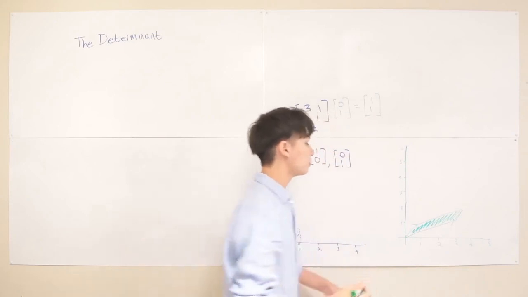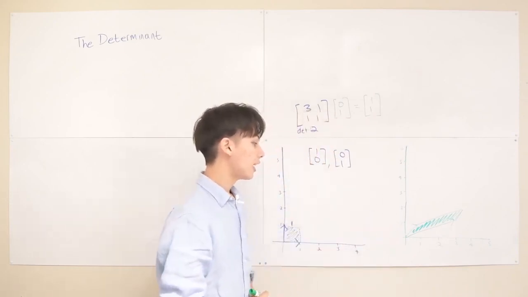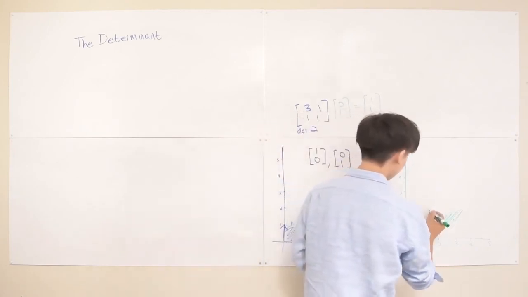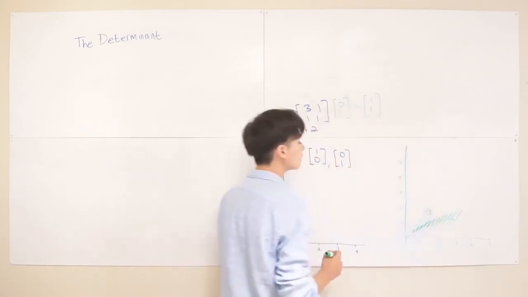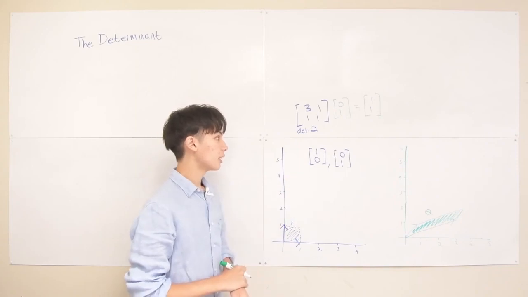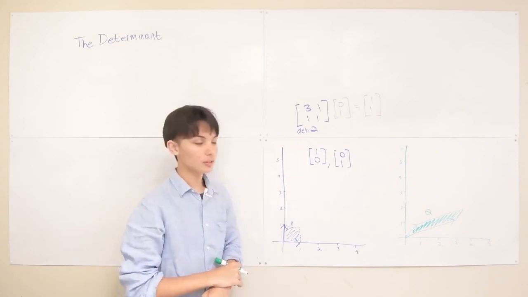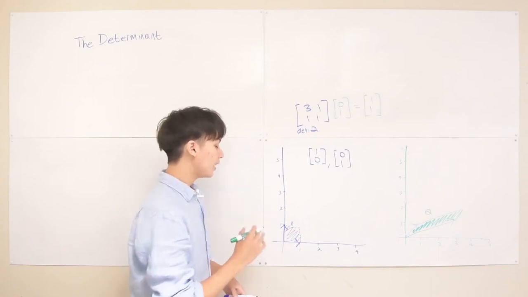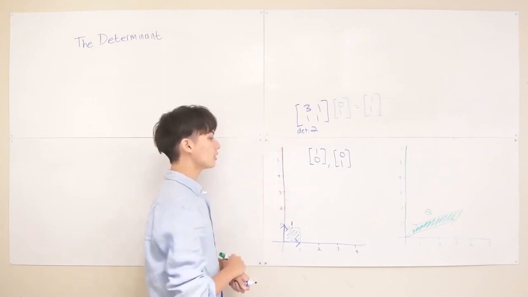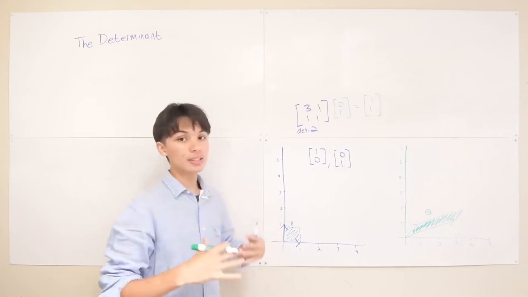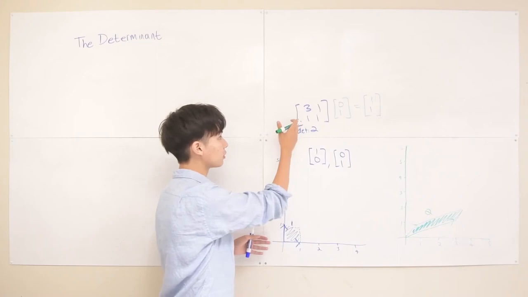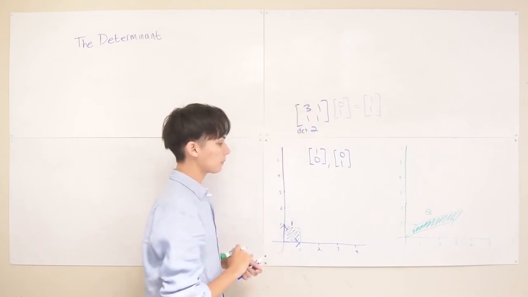Although it's a pain to measure what that area actually is, I can instantaneously say the area of that shape is 2. And the reason I know that is from the determinant and the geometric understanding of the determinant. The determinant tells you how much area scales after undergoing this linear transformation 3, 1, 1, 1.